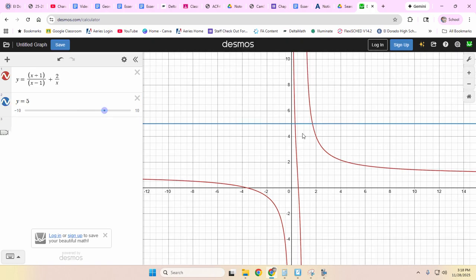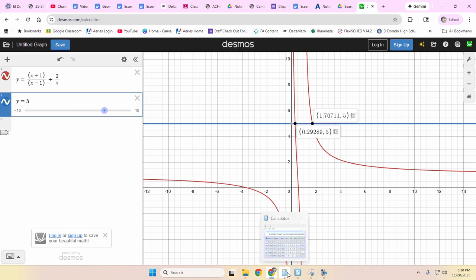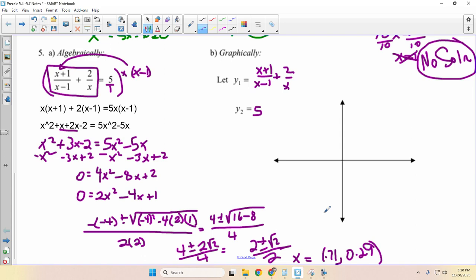Okay. So we look, where do these intersect? They intersect at 1.7 and 0.29. 1.71 and 0.29. Let's go ahead and draw that graph on our notes. So we have the asymptote here. We have a little John Travolta here.